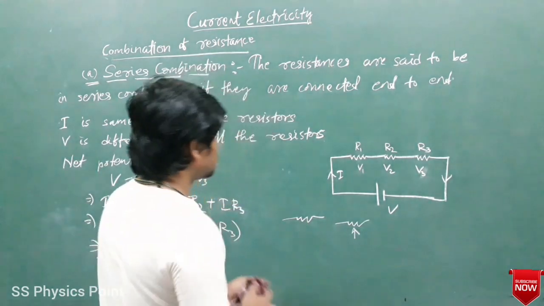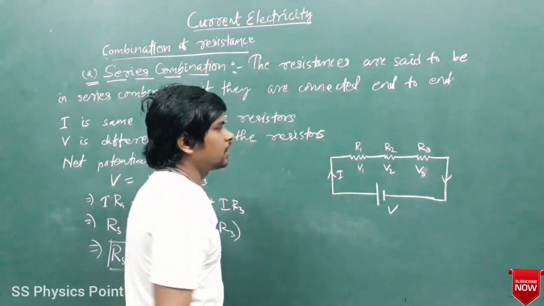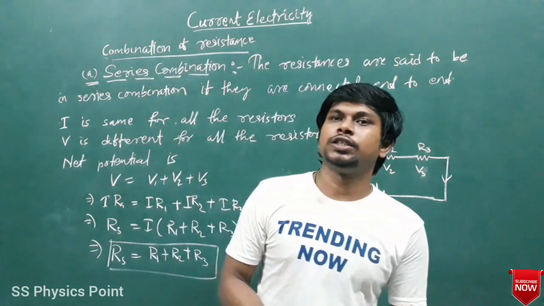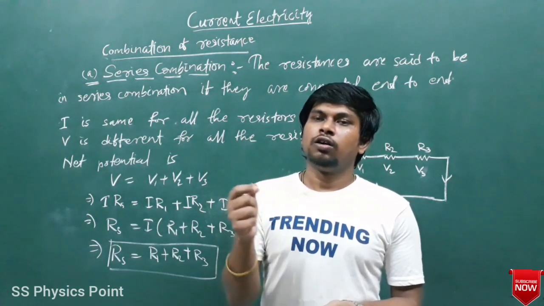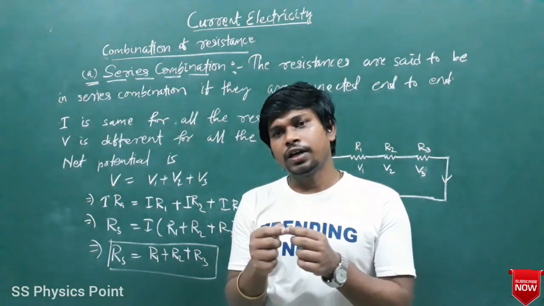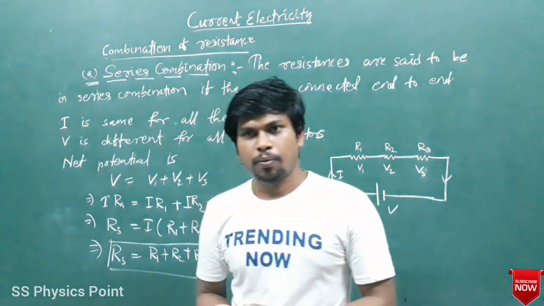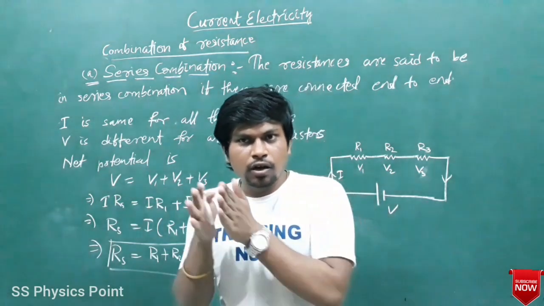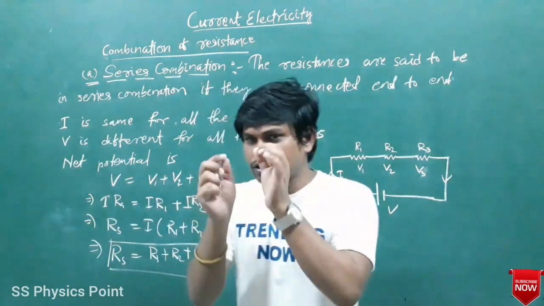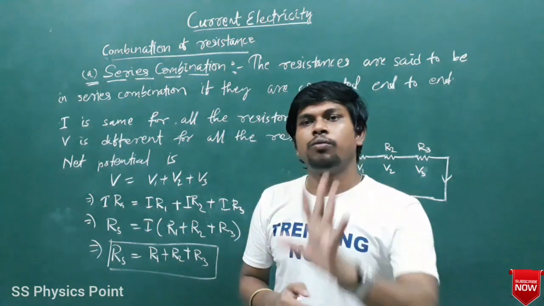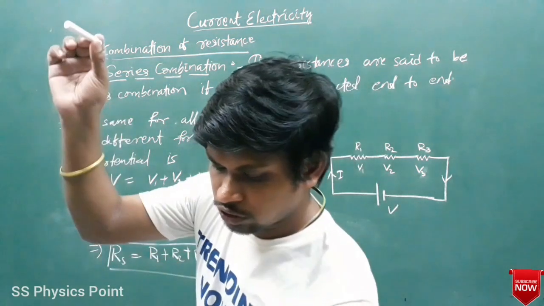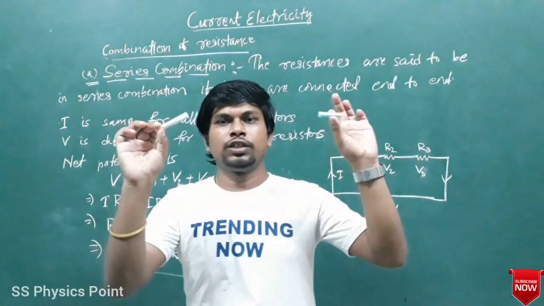So let's start. When will you say that the resistances are in series combination? Remember, when the resistances are connected end to end, one resistor after another in a circuit, then that is said to be series combination. Suppose this is one resistor and this is another resistor.